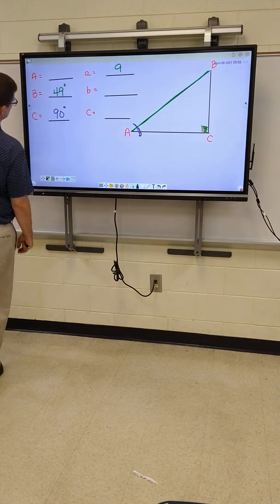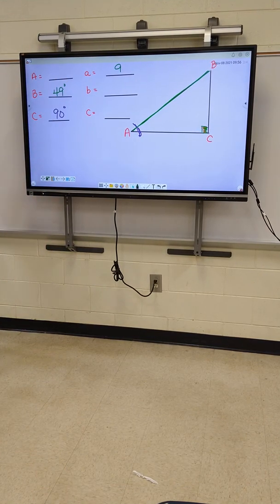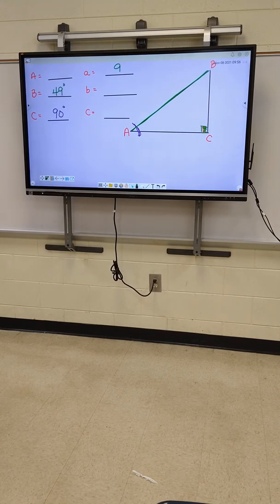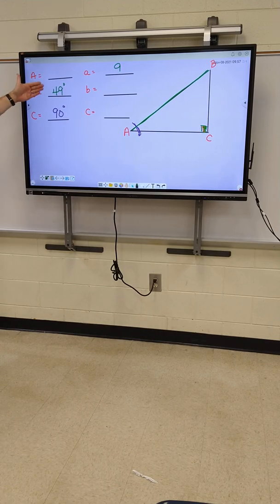All right, first thing we gotta do, guys, is the easiest answer to find. How do I find this missing angle right here? We just did it. Good, subtracting from 180. So take 180 minus 90 minus 49. Georgia, tell me what you get when you subtract these two from 180.